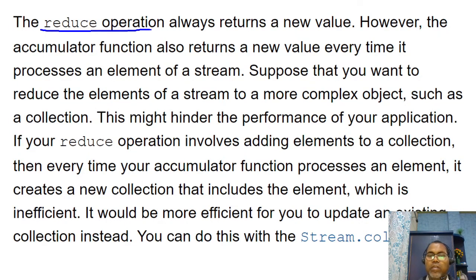Sometimes the standard operations like plus, max, min, average are already available. So why write the code when the Java platform offers it? The Java platform offers specialized streams like IntStream, LongStream, DoubleStream, FloatStream, in this way.